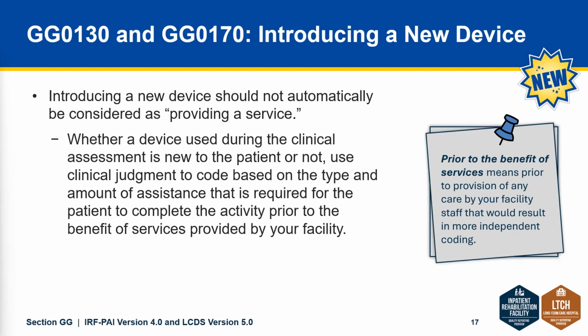So whether a device used during the clinical assessment is new to the patient or not, clinicians should be coding, again, based on the type and amount of assistance that is required for the patient to complete the activity. With our example from the previous slide, providing the new walker to our patient would not automatically be considered providing a service. In other words, if the patient couldn't ambulate without the walker, we shouldn't automatically select an activity not attempted code when the patient could be assessed based on their first use of that walker.